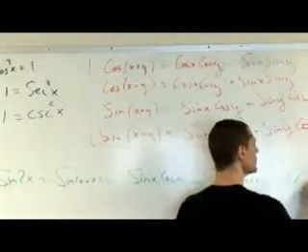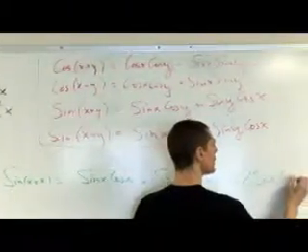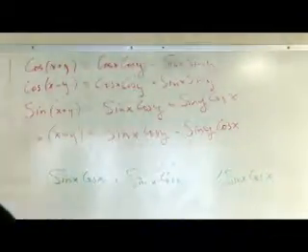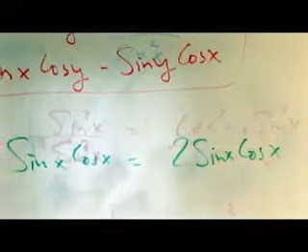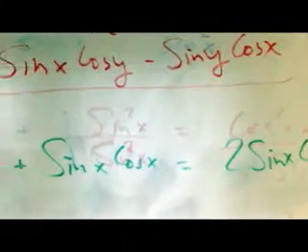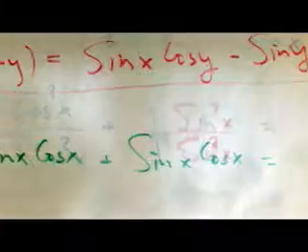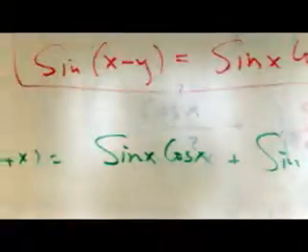This is 2 sine x cosine x. This shows up quite a bit, enough that I'll put it on the list of what I would strongly recommend that you memorize. So sine 2x is 2 sine x cosine x.